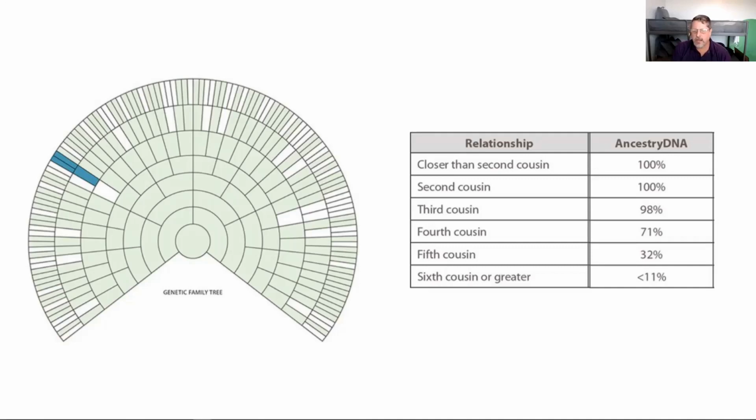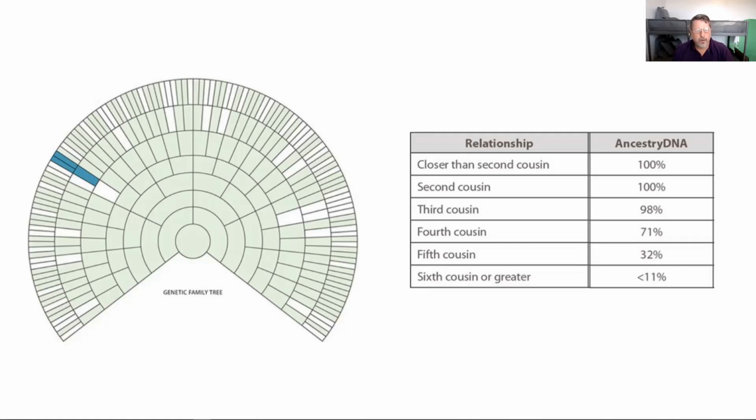Ethnicity estimates, and I know this is off topic a bit because I'm talking about Y-DNA, but ethnicity estimates is something you get from autosomal DNA. It's important to know that it isn't an estimate of your full genealogy. It's not an estimate of all your ancestors, right? It's an ethnicity estimate of the folks that are covered.